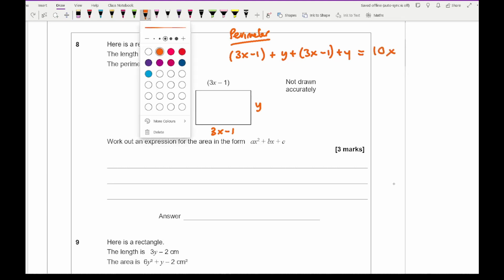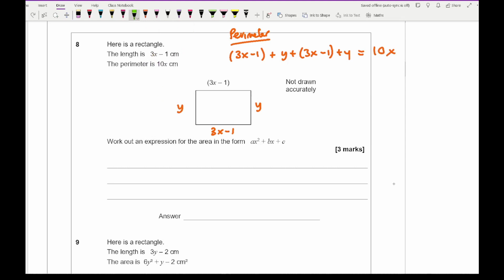Now if I neaten and expand the brackets, I end up with 6x minus 2 plus 2y equals 10x. Now I want to work out what y is, so if I take the 6x to the other side, I end up with minus 2 plus 2y equals 4x. So 2y equals 4x plus 2, so y equals 2x plus 1.